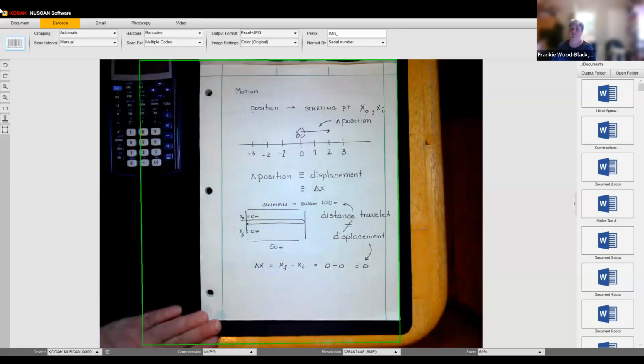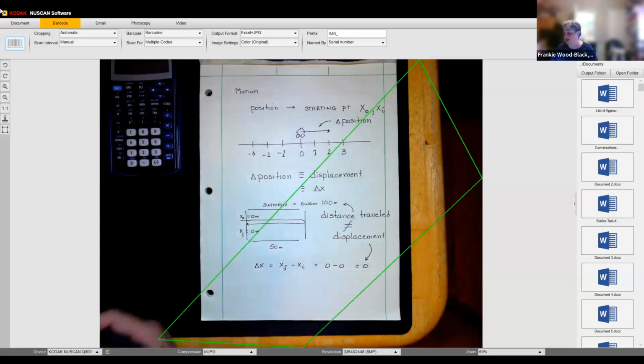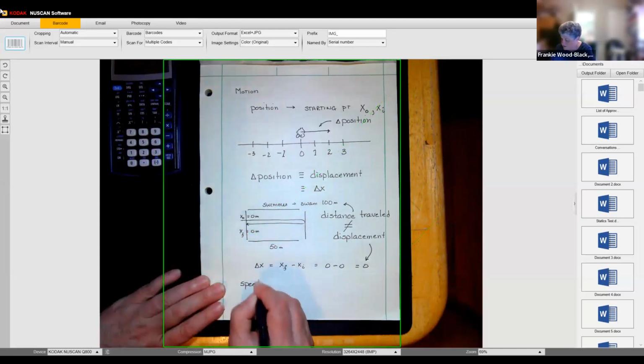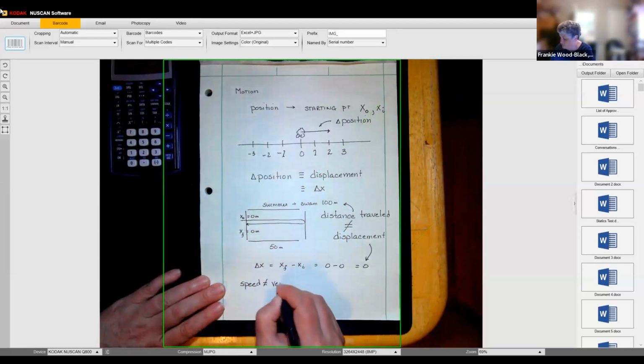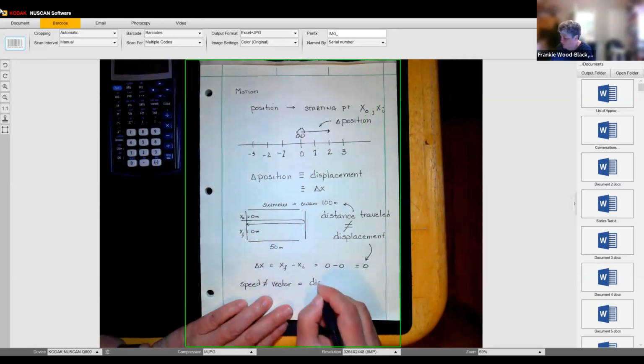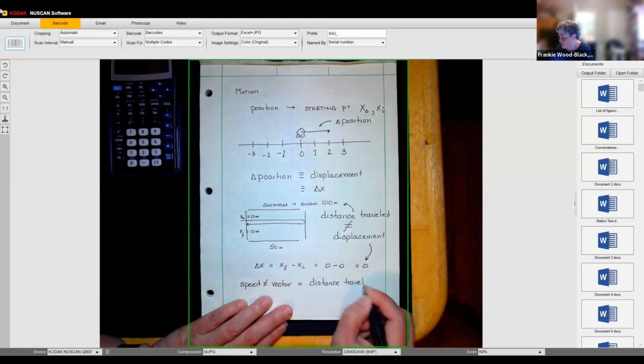And the confusing thing that we have in physics is we're going to use that verbiage a lot, because speed, first of all, it's not a vector. It's not a vector, but it's equal to the distance traveled divided by my change in time.